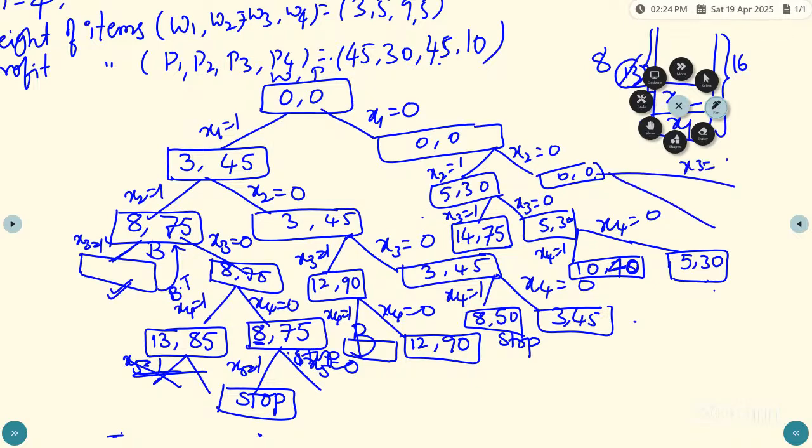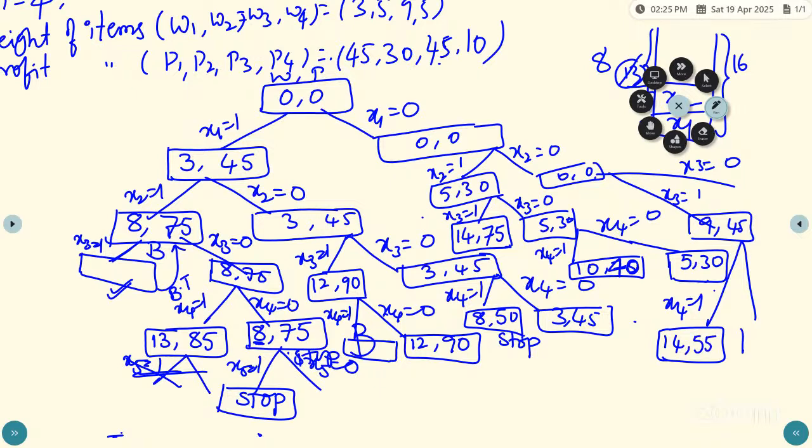X3 0, X3 1. X3 1 means the third item's weight is 9 comma 45. X4 1 means the fourth item: 9 plus 5 is 14, plus 10 is 55, so it is 9 comma 45.